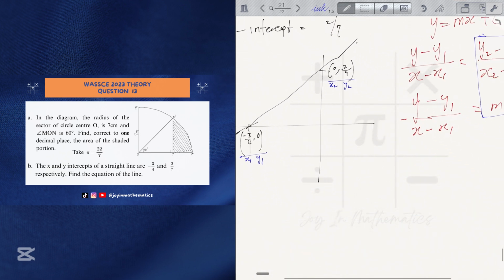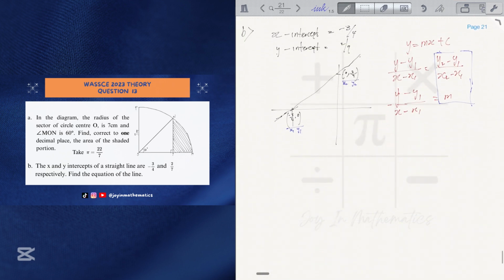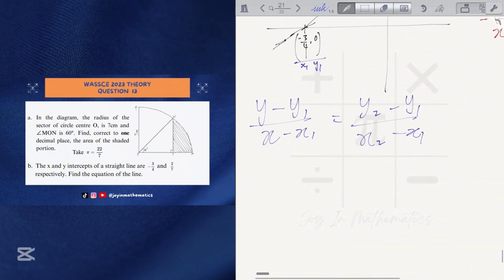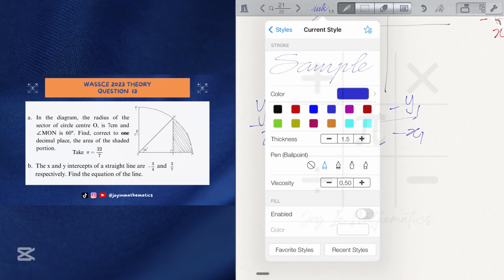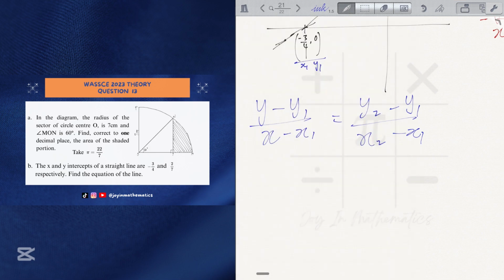So we will just use the formula that involves 2 points to evaluate the equation of the line, which is y minus y1 divided by x minus x1 is equals to y2 minus y1 divided by x2 minus x1. So all we just have to do is substitute the values of x1, y1, x2 and y2.